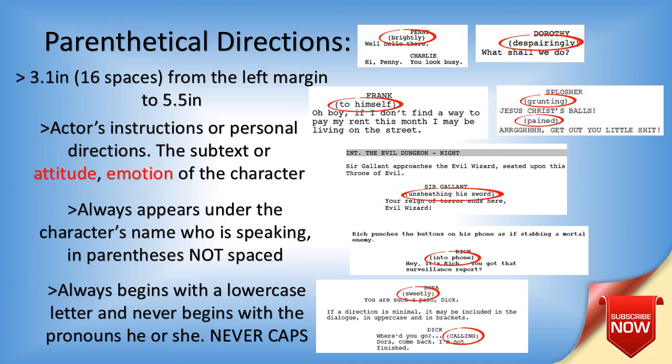So you want to emphasize this is a very important scene. This is very important dialogue. How do you emphasize it? With the parenthetical. How? He pulls out his sword. You give the actor instructions or a personal direction to emphasize the importance.